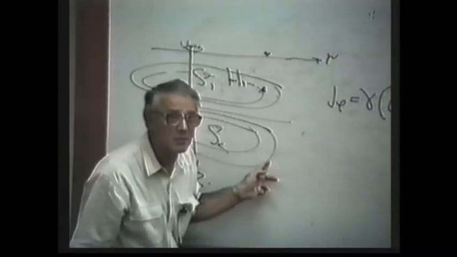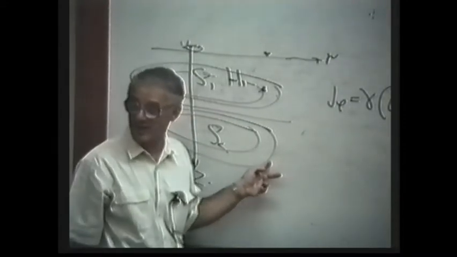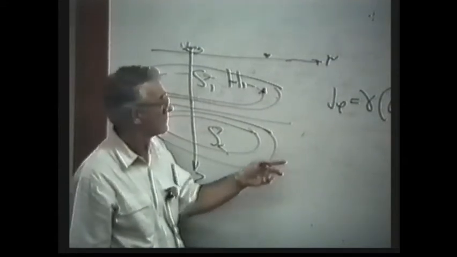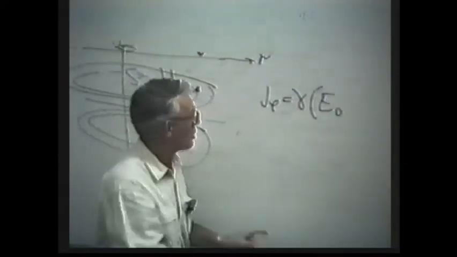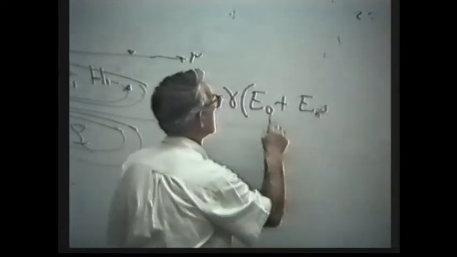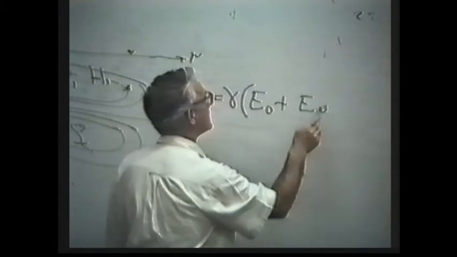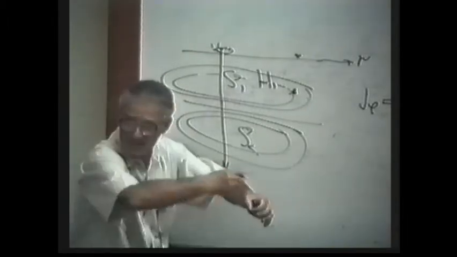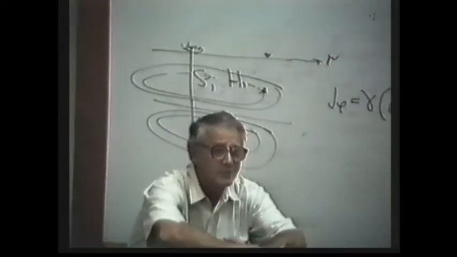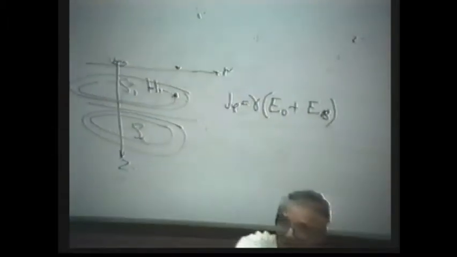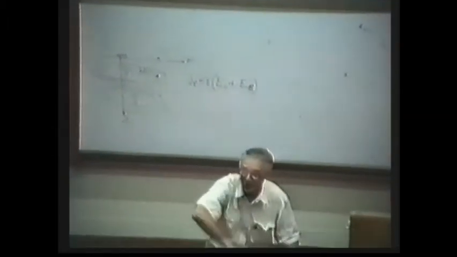It changes with time. Therefore, it creates what? An electrical field. So we have the sum of the primary and secondary electrical field. Now, from the physical point of view, it's clear that whether the secondary is small or big, the current will always flow in this direction.